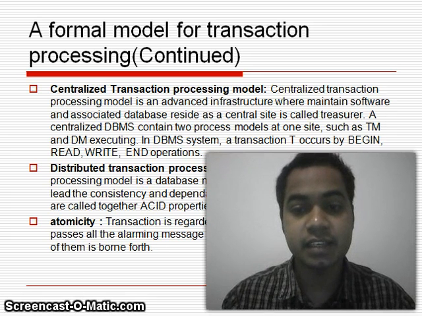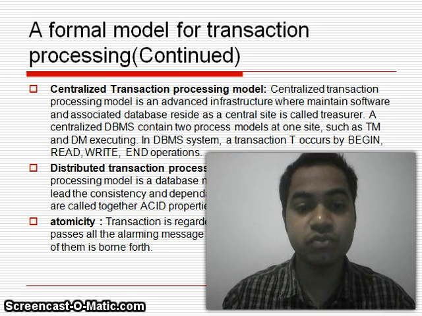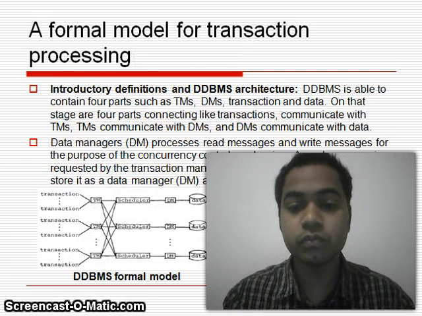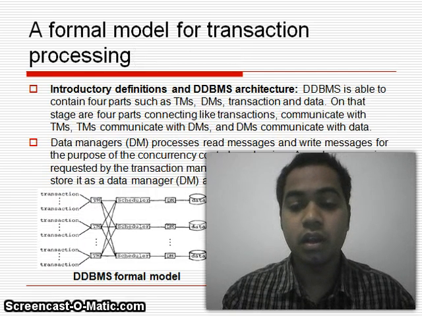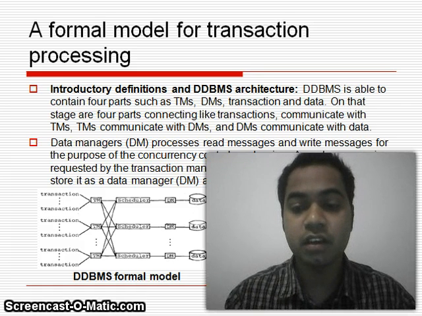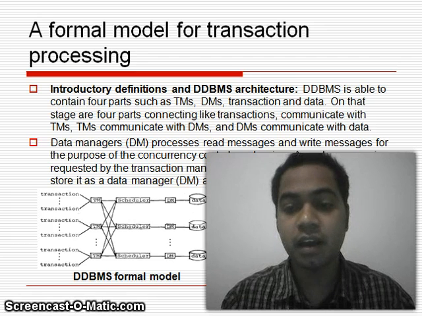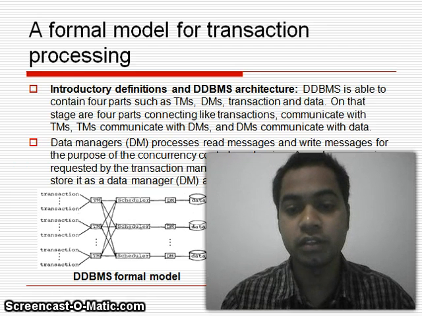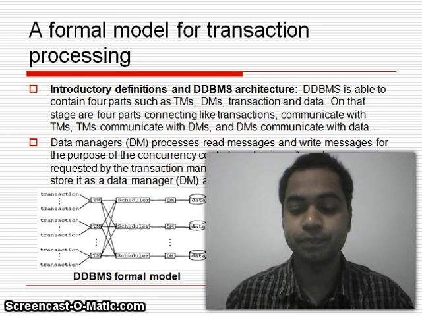On the other side, a transaction T occurs by begin, read, write and end operations. Each operation is communicated via an algorithm or method, by which the begin, read, write, end operations are started.